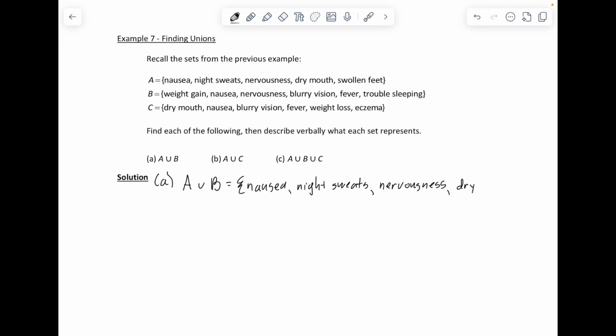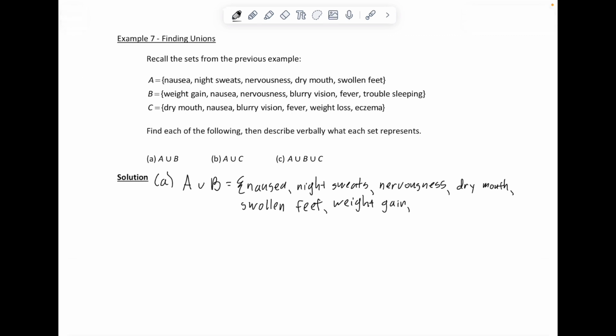And dry mouth and swollen feet. And then coming down to set B, I would clearly also have to include weight gain. And then we have nausea, but I've already listed nausea, right? So I don't need to list it again.